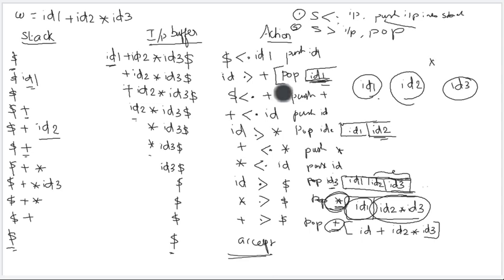So here the star operator is performed between these two, and then comes the plus operator. So plus operator is performed between these two elements. So this is how the tree is constructed. So from bottom, it reached the root node.